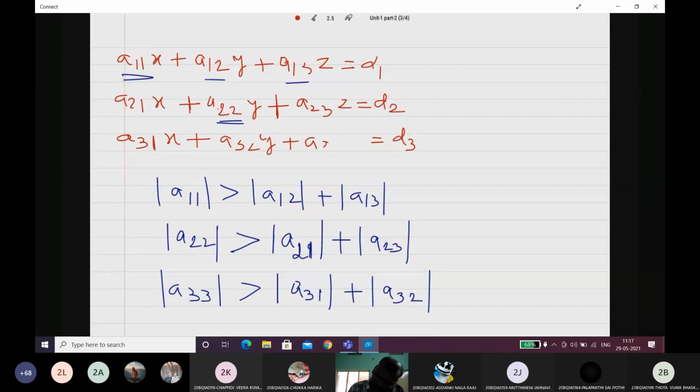This is the condition for diagonally dominant.